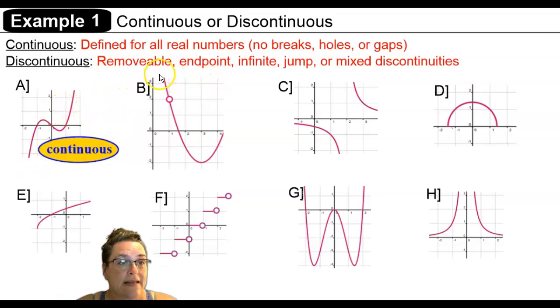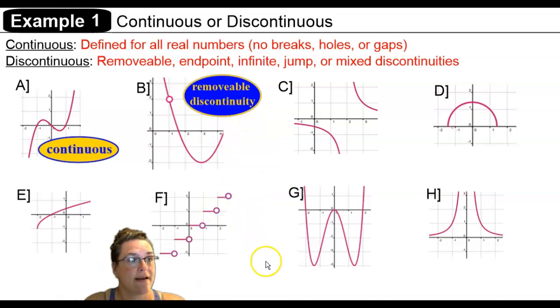B is discontinuous because as I'm tracing it, I have to hit this hole and lift my pencil and hop over that hole because it's undefined there and then continue on. So we call that a removable discontinuity.